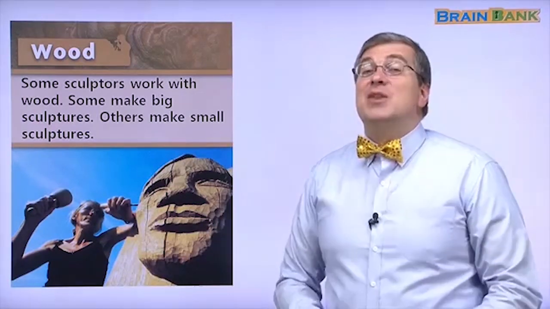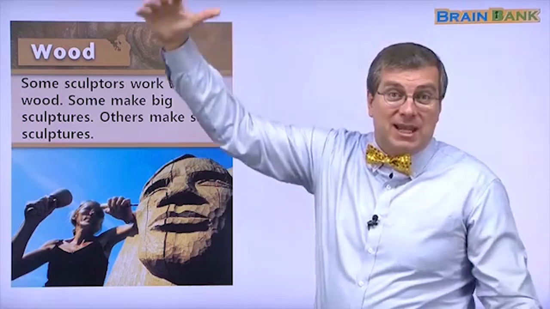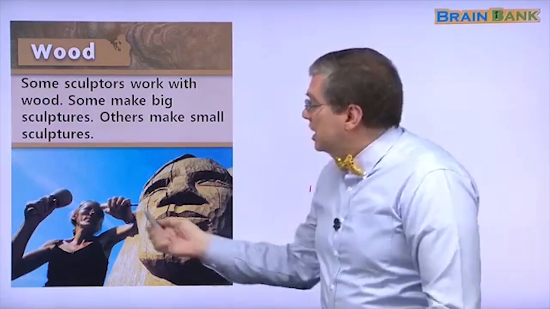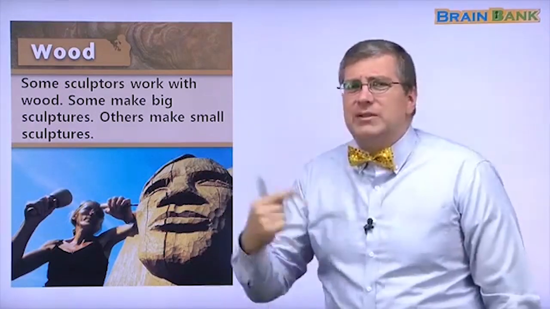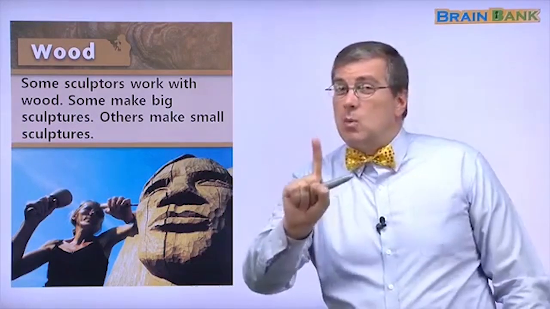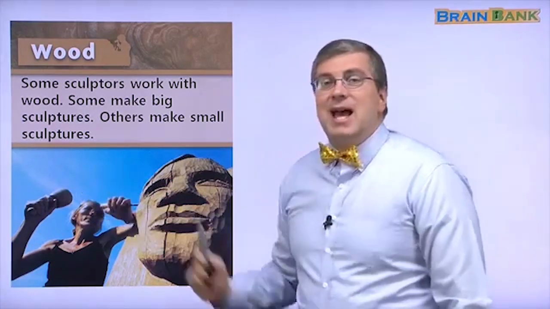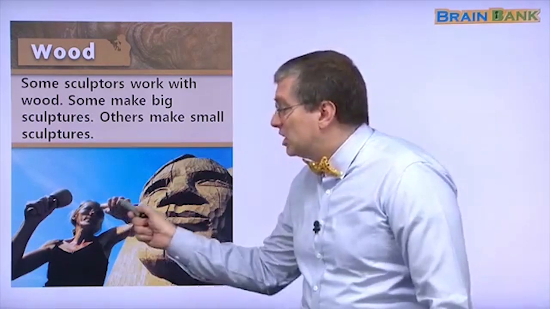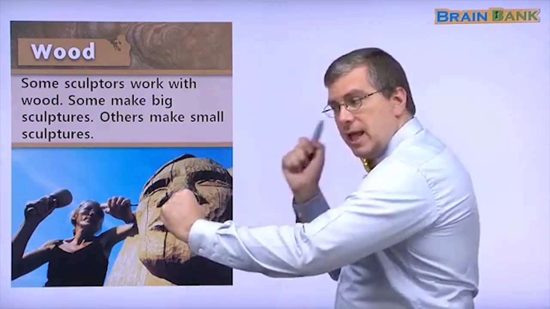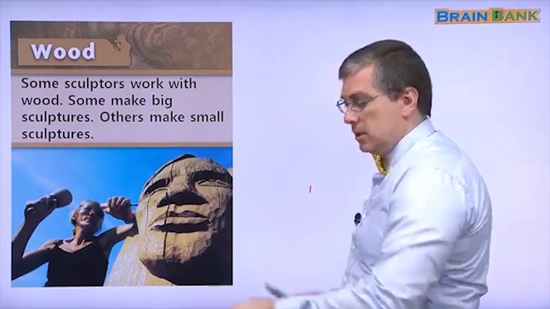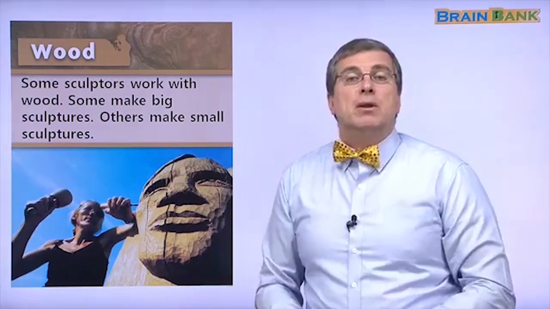Much bigger than the woman's head. So this sculpture might be very big, right? What is she using? Remember the tools we talked about in part 1? She is using a chisel and a hammer. And she uses these tools to shape the wood.